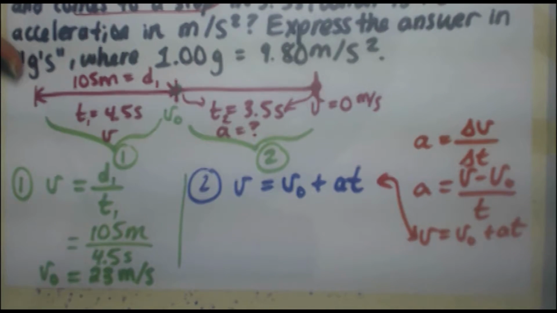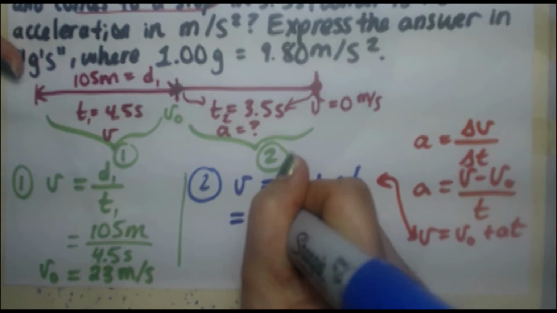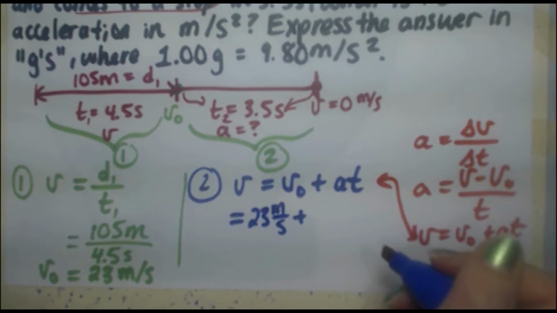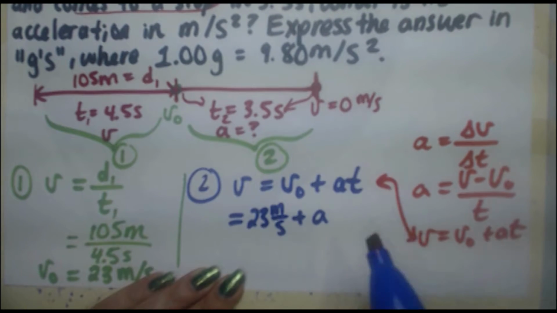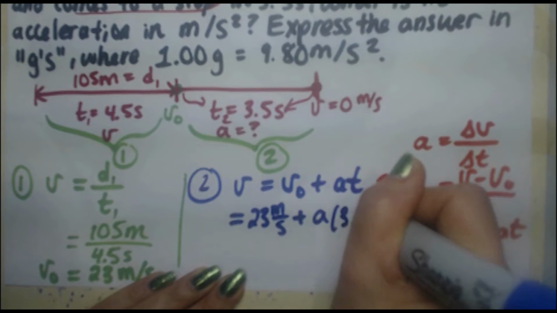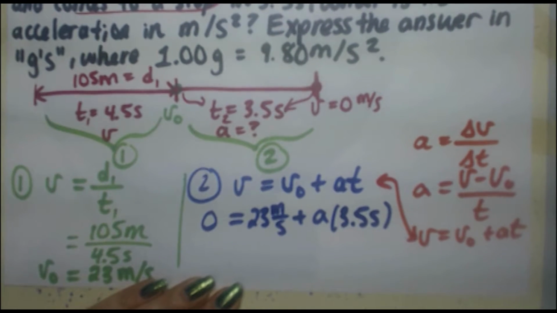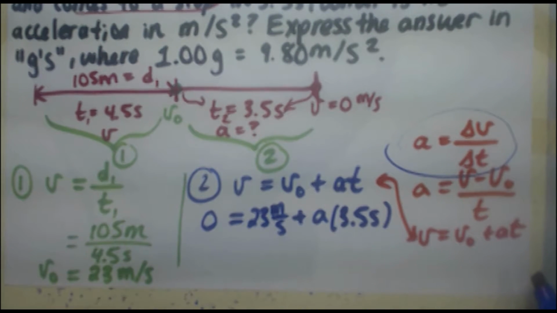Let's start plugging in our numbers. V naught, we just found, is 23 meters per second, plus at. The acceleration is what we don't know, so a, the time is 3.5 seconds, and our v is 0. In this case, using the original equation is actually better.